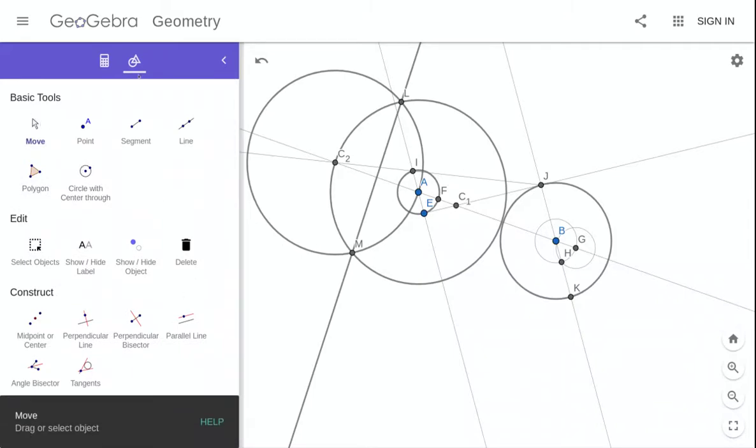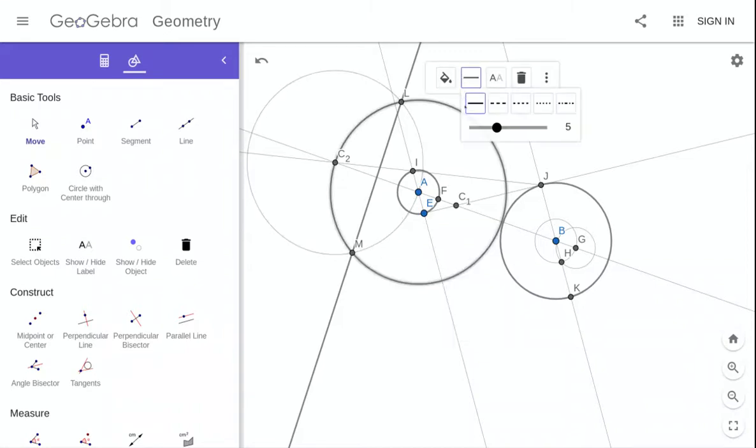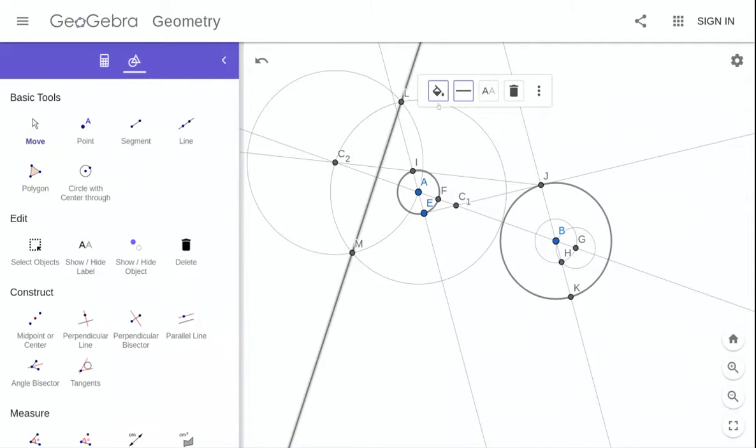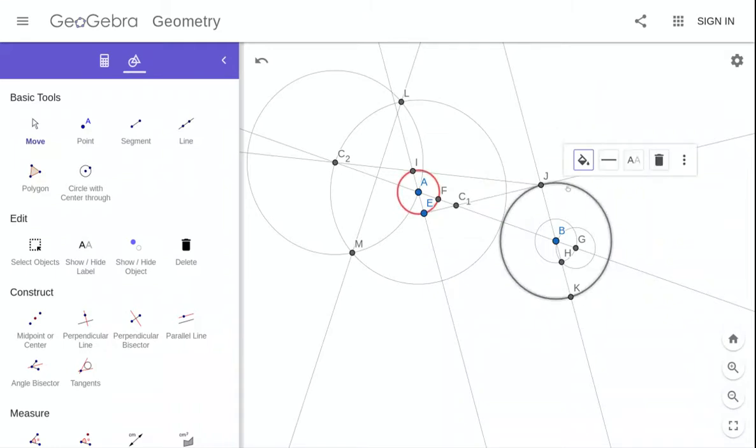So let me thin out the construction lines one more time. Right now, by the way, one thing that you could do, and I probably should have done, is we can go to these circles and make them a different color, right? So let's make these red just so that we don't forget that those are the important ones.